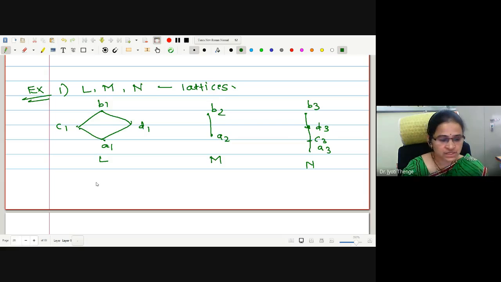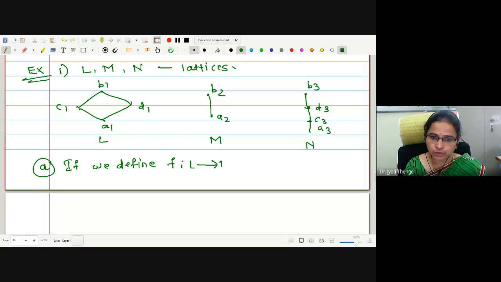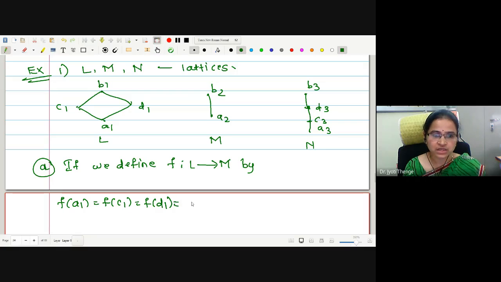Now the first example we will take is sub-part A. Here we define f from L to M by f of A1 equals f of C1 equals f of D1 equals A2, and f of B1 equals B2.